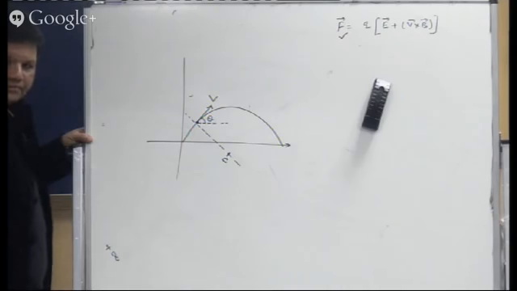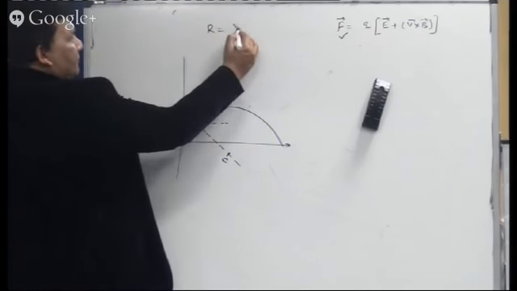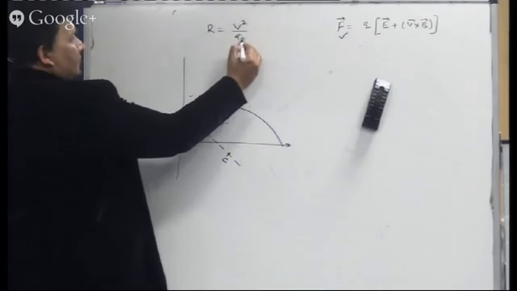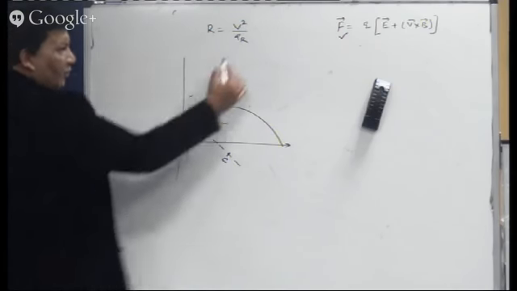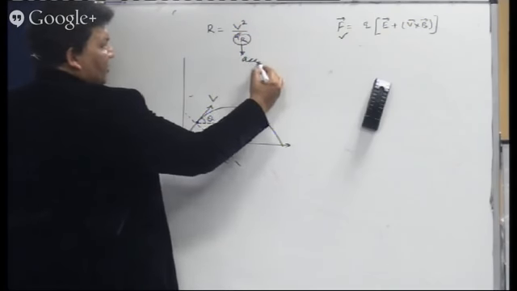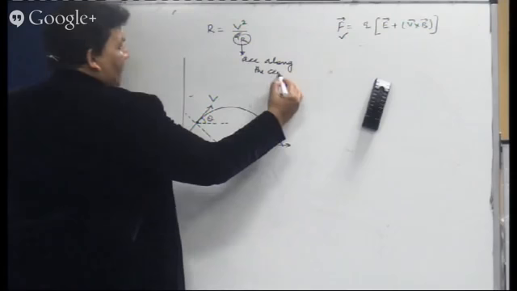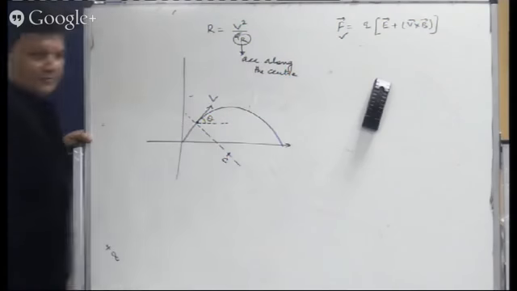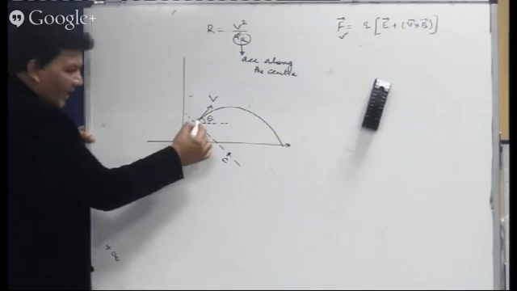Yes or no? In a circular trajectory, what is R equal to? What is AR? Acceleration along the center. Where is the center? Here is the center. What is the net acceleration of this body?